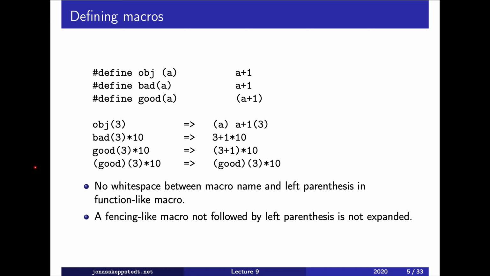If we, for some reason, do not want to expand this as a macro, then we can prevent this expansion by not having a left parenthesis as the next character, because the preprocessor sees this identifier, and since it's a function-like identifier, it checks if the next non-space character, that is blank, tab or new line, is a left parenthesis, then it will start looking for parameters.